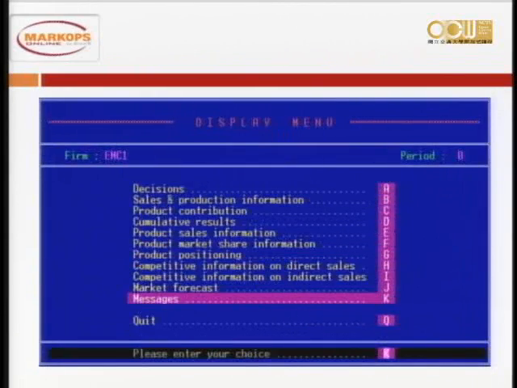If you click in there, there are 10 reports. I will show them one by one. First is your decision. Then sales and production information, which shows what happened to your company. Then product contribution, cumulative result, product sales, market share, positioning, and the competition on direct sales, indirect sales, and market forecast. These are the menus inside, the information you have.